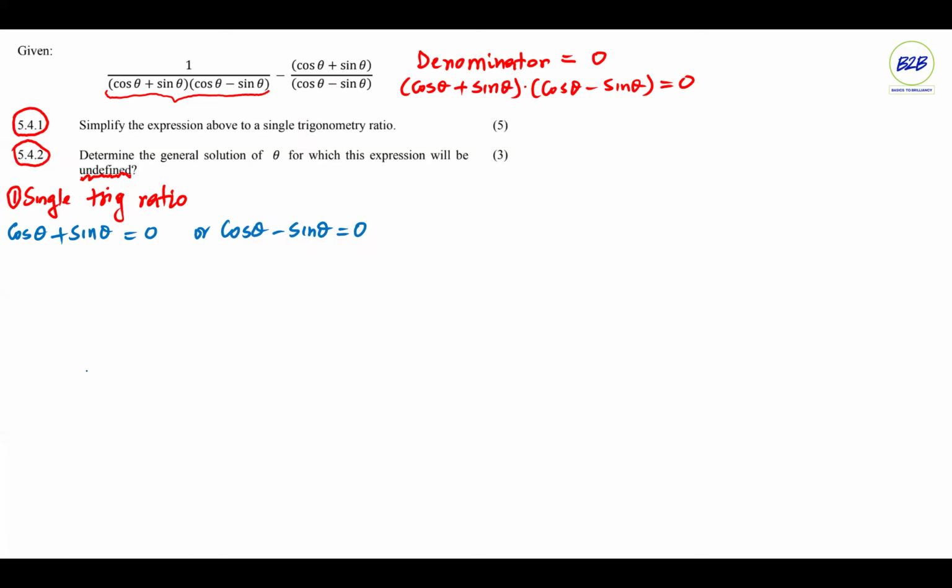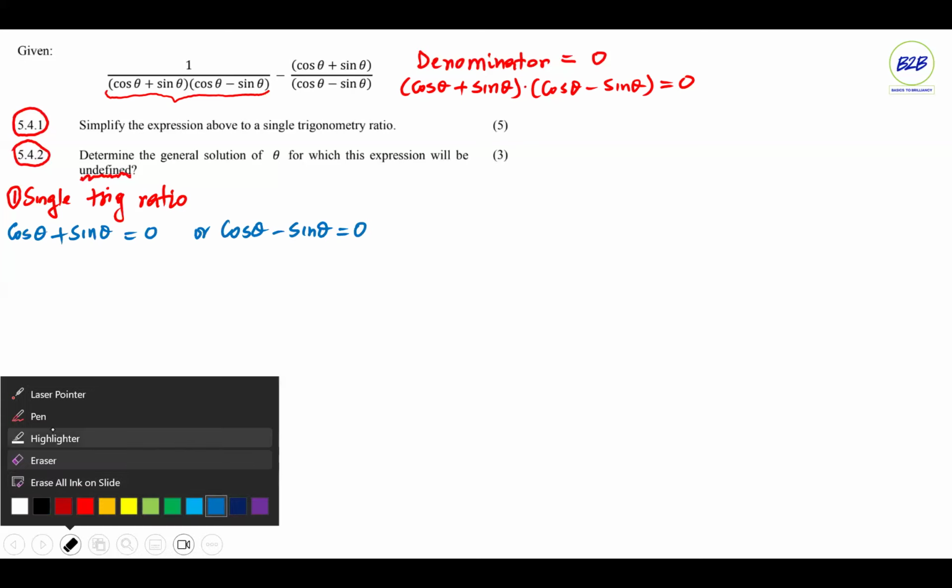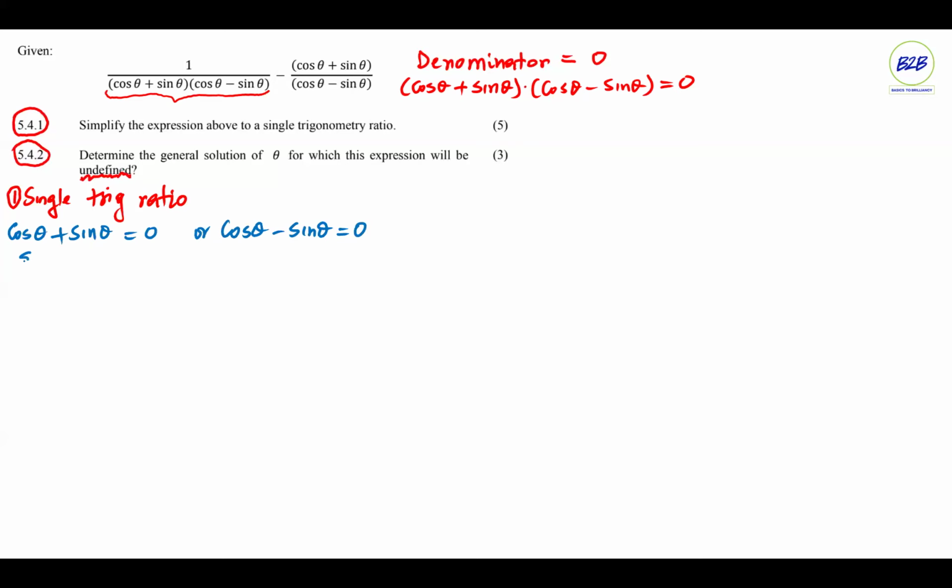So now that we have two trigonometric ratios in the first equation, we must establish one. We keep sine on the left-hand side of the equation, and we take the cos, which is positive, to the other side, and then it becomes negative.